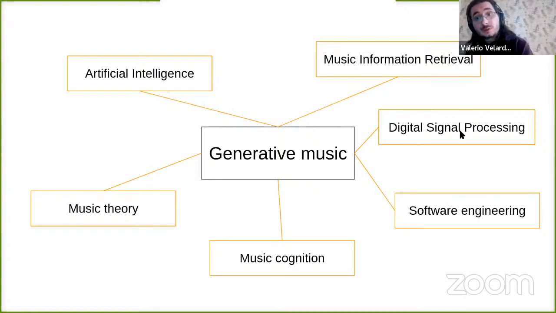But of course, you also need to have an understanding of digital signal processing, especially if you are generating music within the audio domain, which is one possibility, as we'll see in the remainder of this presentation. You need to know about software engineering, of course, because these systems can become super huge, and you need to be a really good programmer in order to write code that's reliable and scalable at the same time.